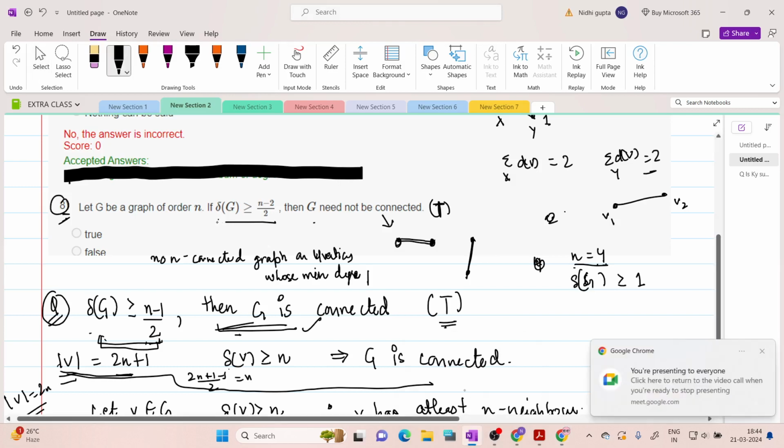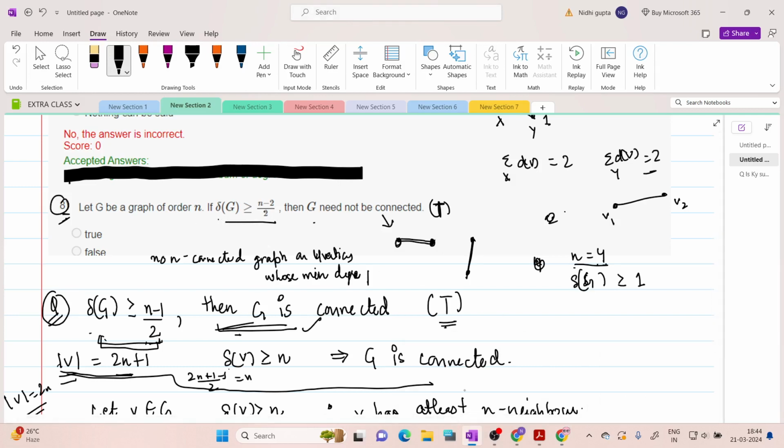But we are trying to show this statement, right? Minimum degree. So that example won't serve as an example for this question, because this graph has 4 vertices but minimum degree is 0, which is smaller than this.